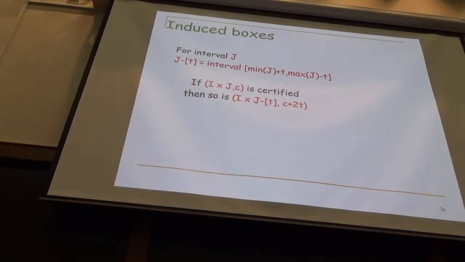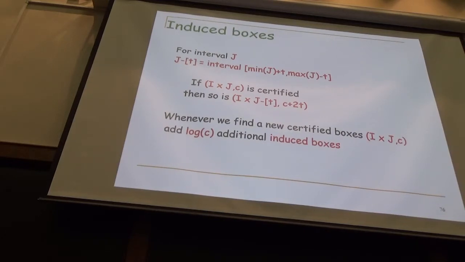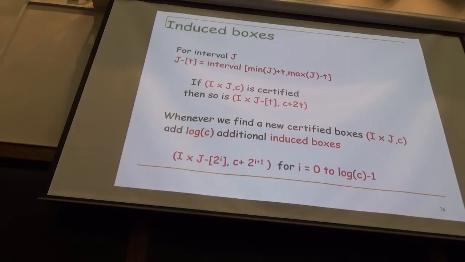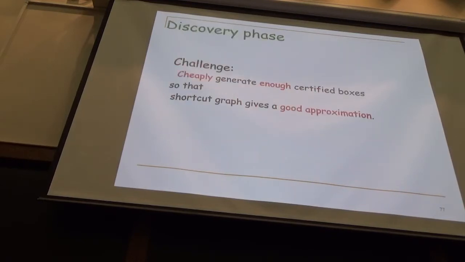If you know the distance between I and j and you shrink j, then the distance can only increase by the amount that you shrunk j. So whenever we find a new certified box, I cross j, c, we'll add a bunch of induced boxes where t is going to be powers of 2.